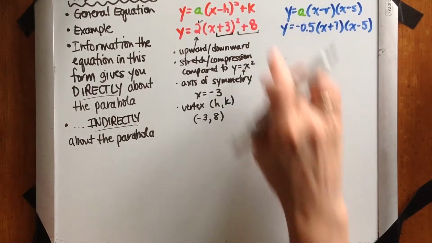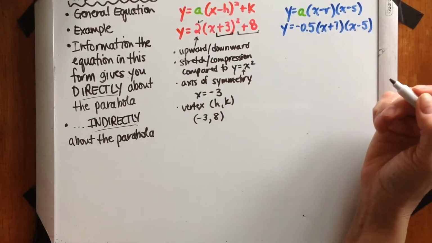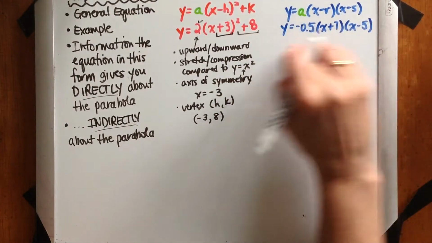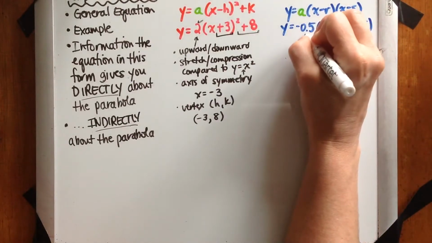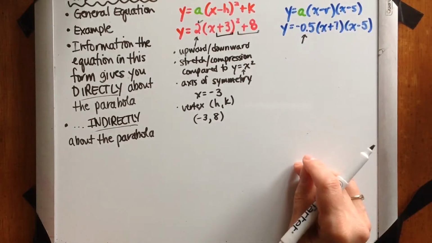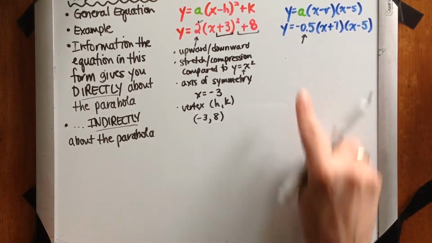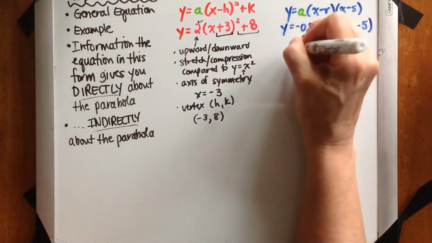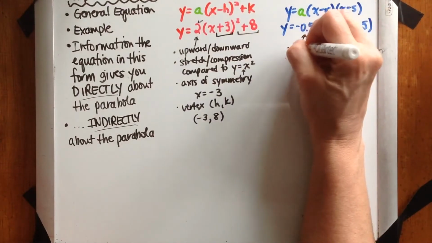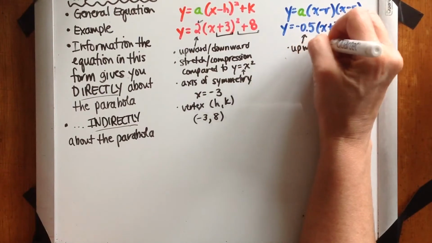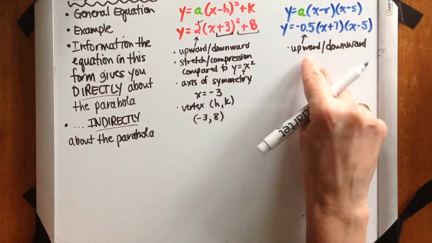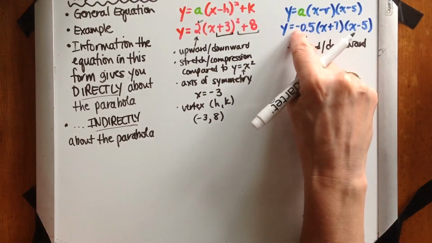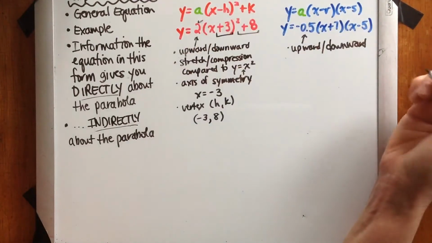Let's do a similar comparison for intercept form and reading it again sort of from left to right to examine all the pieces. In a similar fashion, the A value that's in front here can give us the same information as the A value does here. It can tell us if the parabola is upward or downward, based again on whether it's positive or negative. This one is downward facing, whereas this one was upward facing.